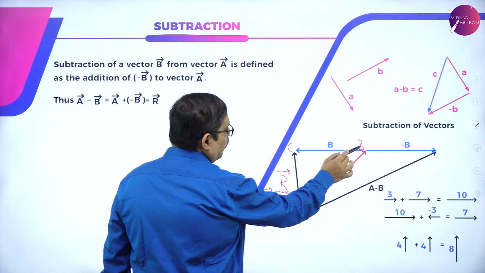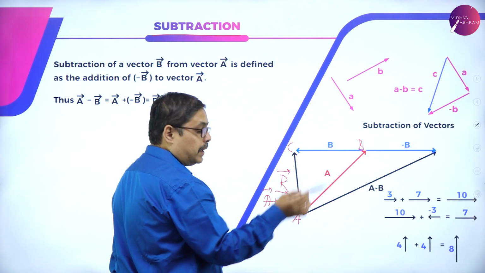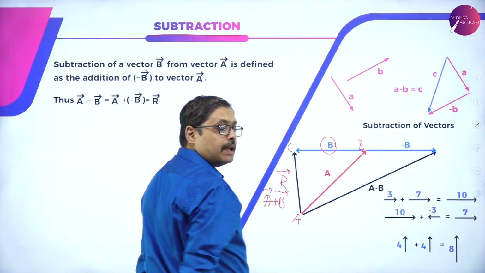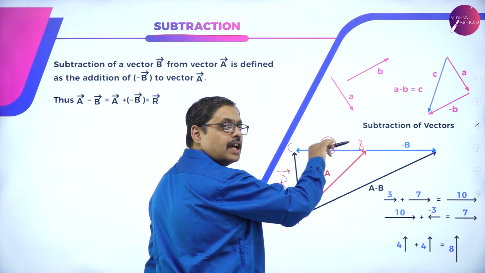Similarly, I have one vector here, another vector here. Please observe, whatever is the magnitude of vector B, I have a vector with the same magnitude, but the direction is opposite.